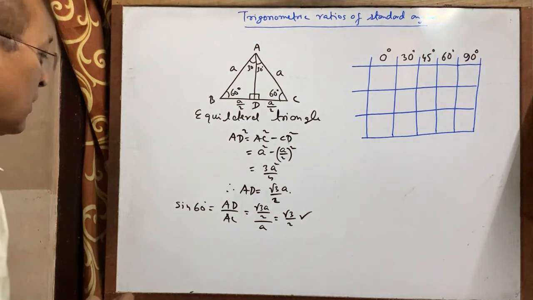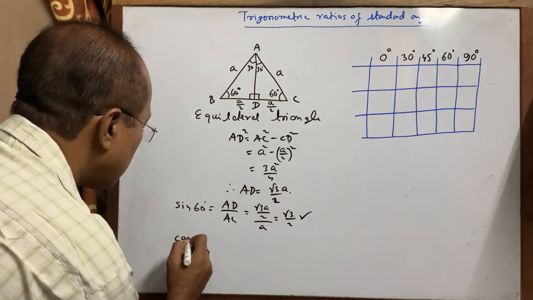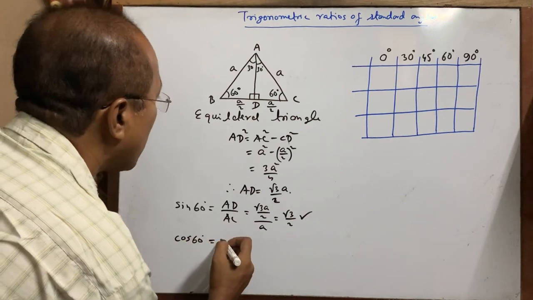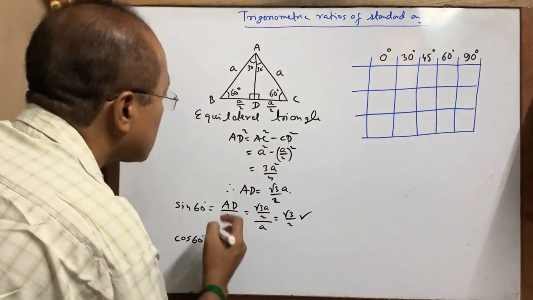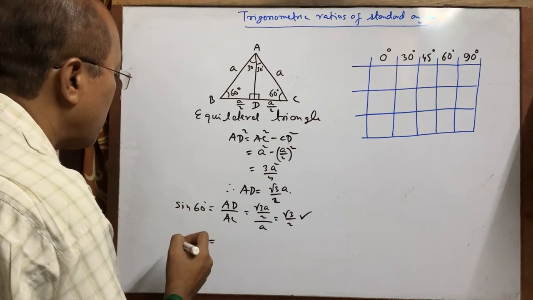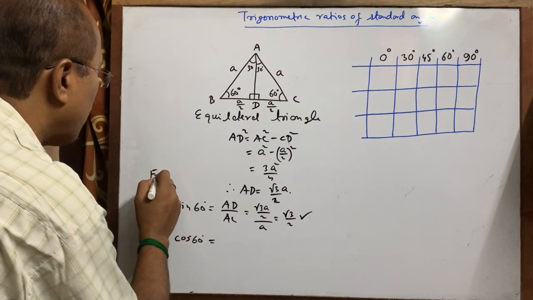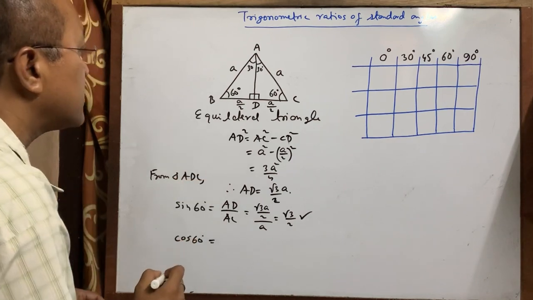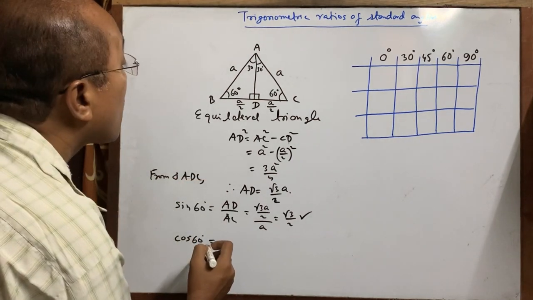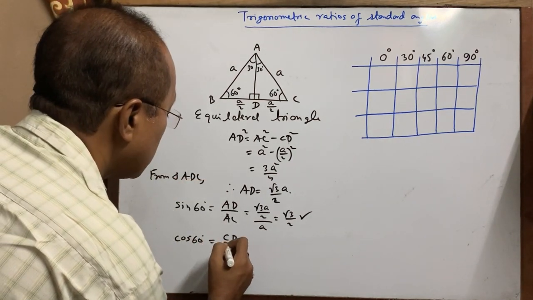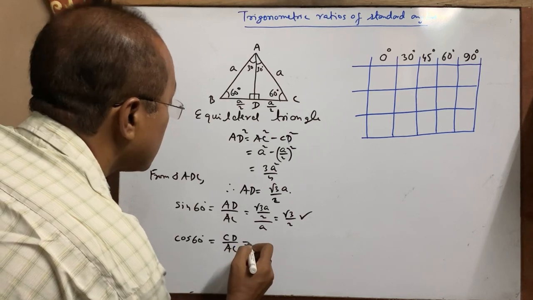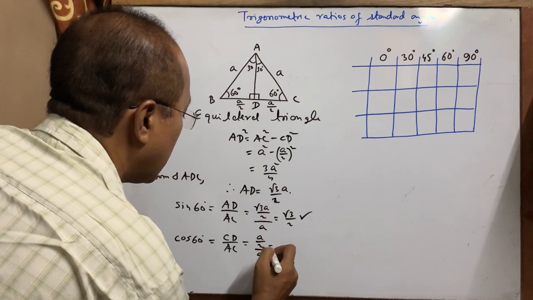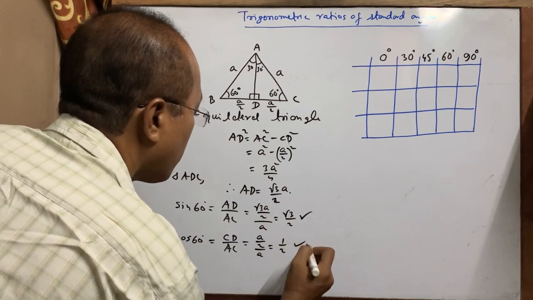Now cos 60 means base by hypotenuse. From triangle ADC we can find cos 60 means base by hypotenuse, that is a by 2 by a, that is half.